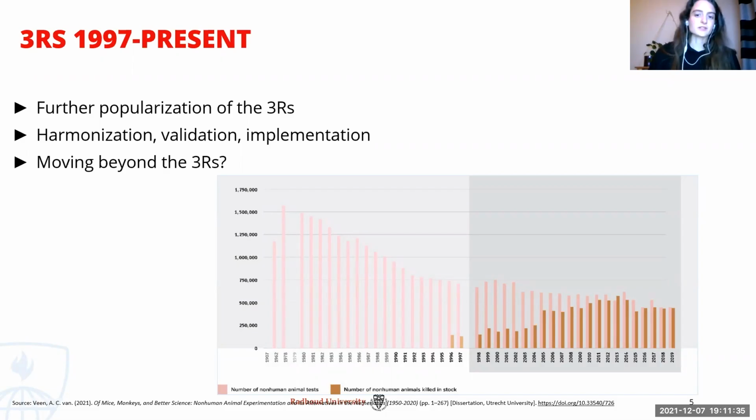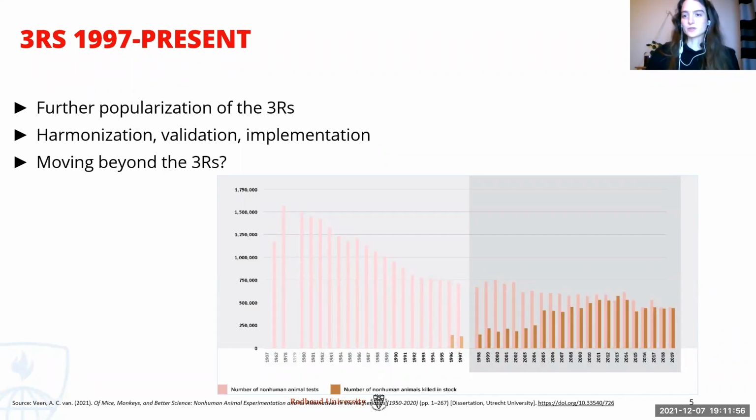And the reason for this is that if you look at the numbers, for example, the graph shows the numbers for the Netherlands, you can see that when registration of animal testing started in 1980, there's quite a steep drop, but then in the 1990s, animal use stabilizes.